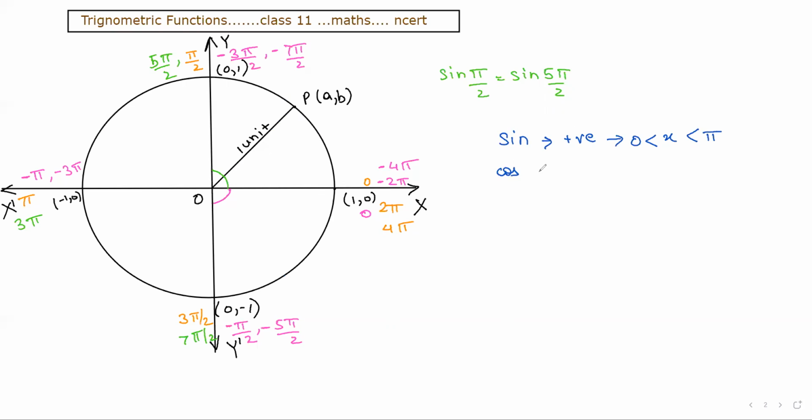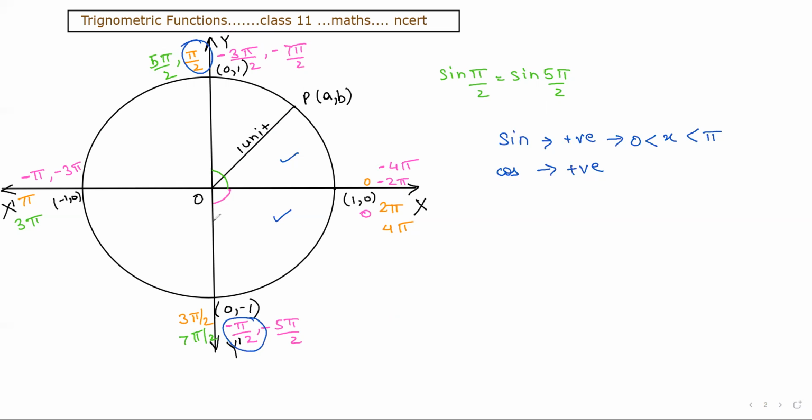Your cos value is positive when your angle lies in the first quadrant and the fourth quadrant. Now, the fourth quadrant can be represented by minus pi by 2 and the first quadrant by pi by 2.